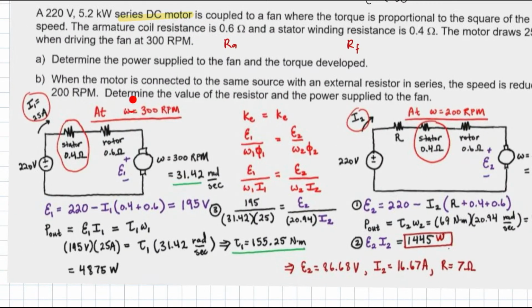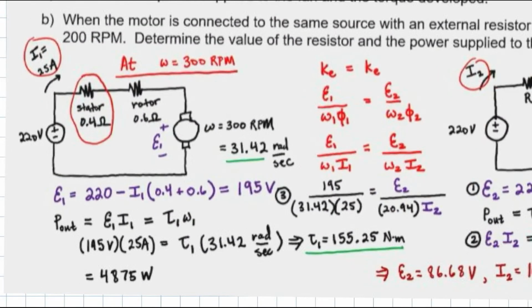Okay, so at 300 RPM, we have our equation here. V minus I times R plus R. This is V, this is I, this is R, this is RF, this is RA. Multiply I, which is 25, and you will get 195 volts.